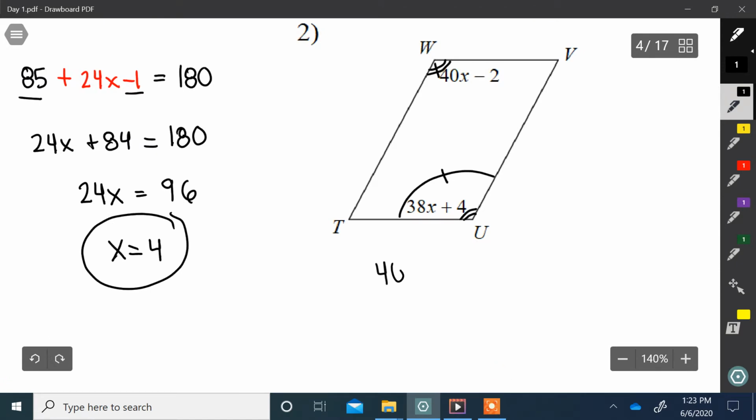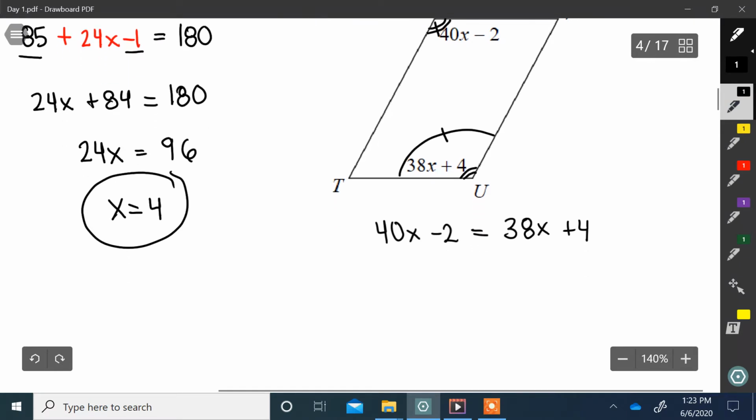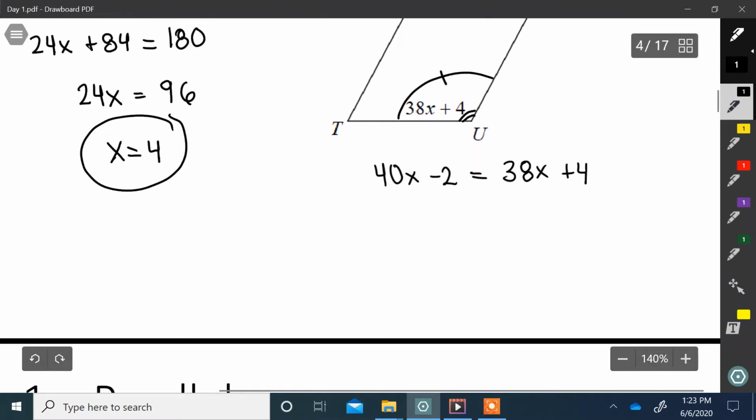I'm going to say that 40x minus 2 better equal 38x plus 4. All right, so now I'm going to solve for x. I'm going to subtract 38x on both sides.